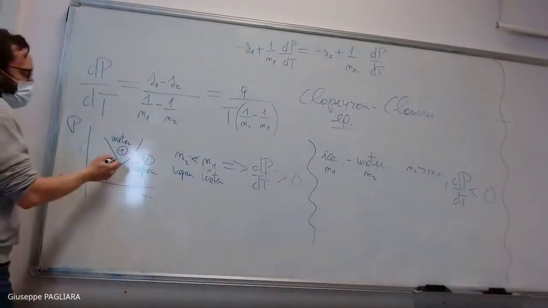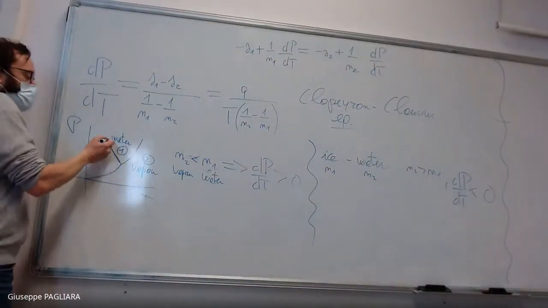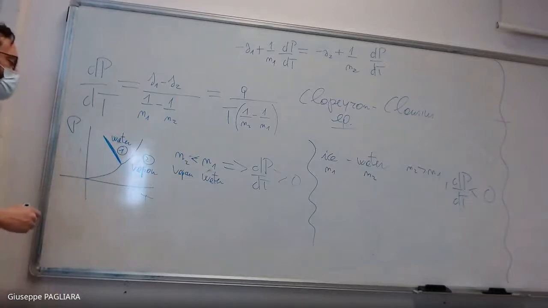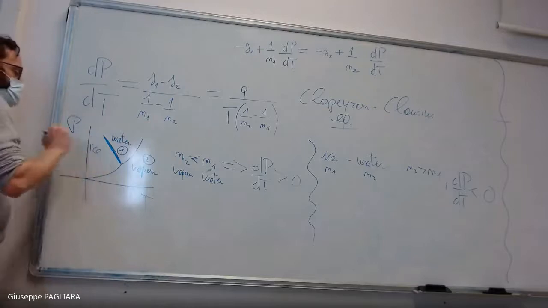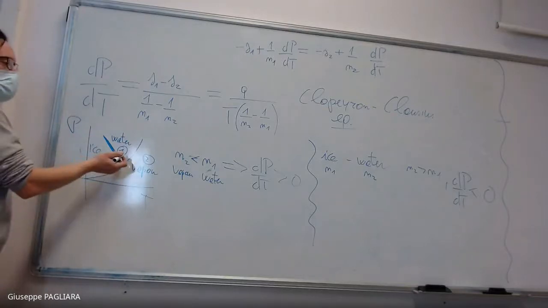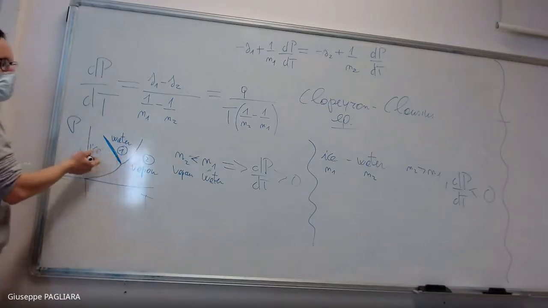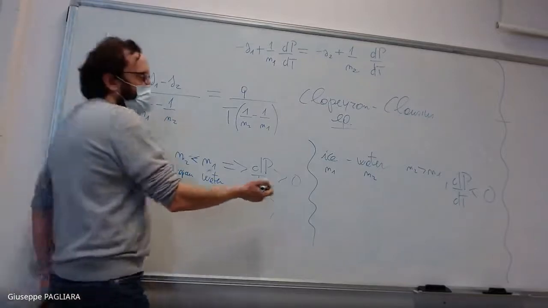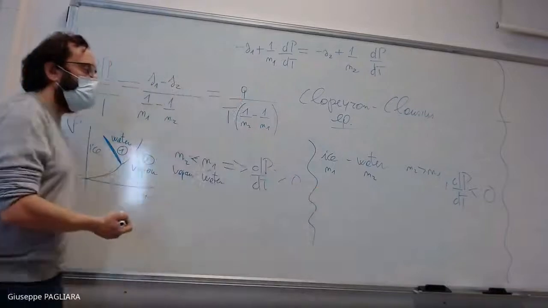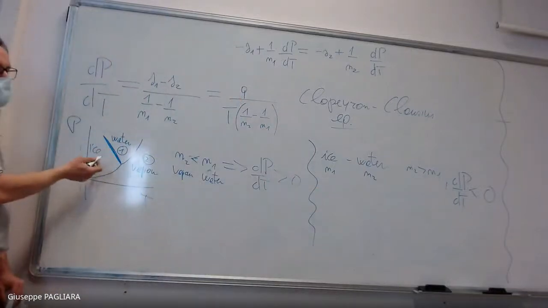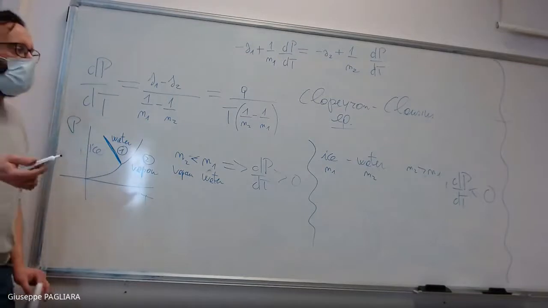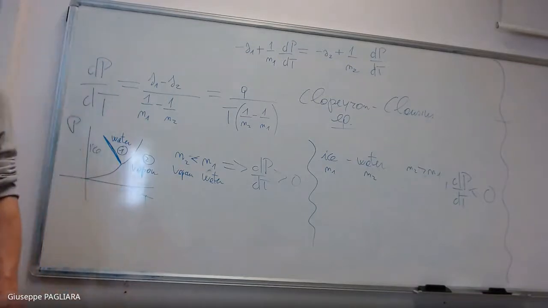And indeed, for water, we have this line with a negative slope. Okay? So if we change from ice to water, the density of water is larger, and therefore the derivative of pressure with respect to temperature has a negative slope. Okay? Which is a peculiar fact about water.